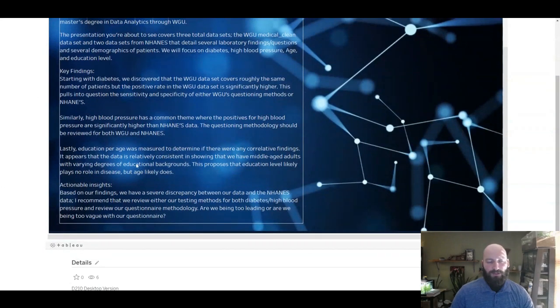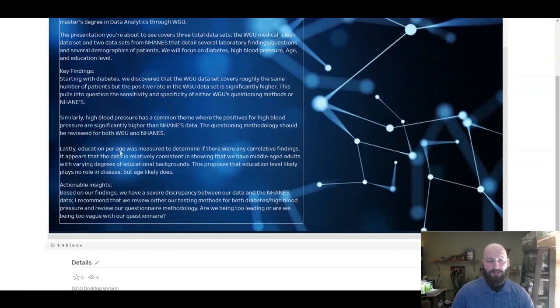Lastly, I looked at education and age just to see if there are any correlated relationships. With education, I didn't find any correlation between the two data sets. It's pretty evenly represented for what's there. But I did find a relationship with age.